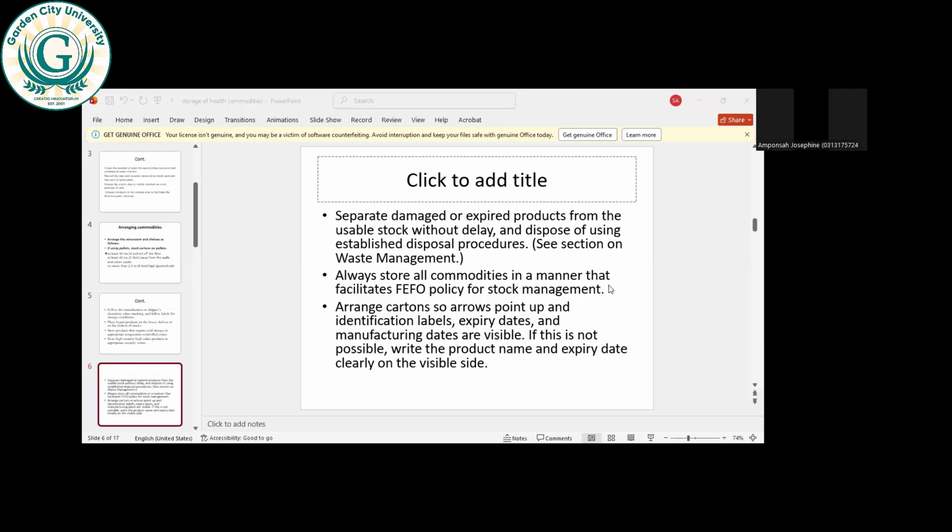So if it is not in the refrigerator, then the 7 days cannot be possible, because already on the first, second day, a lot of things may be happening. So you cannot assign the same shelf life. And that's why I'm saying that for some of these things we need a laboratory or examination to determine whether it has effect or not.